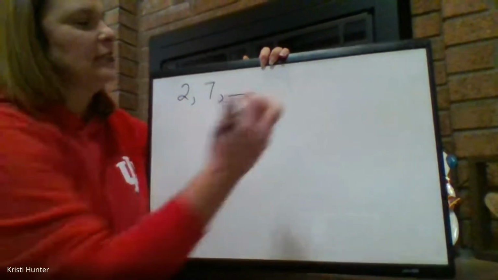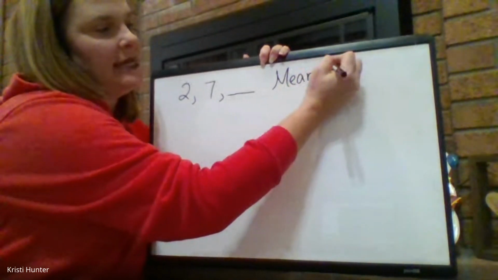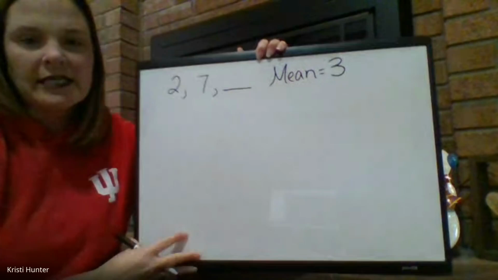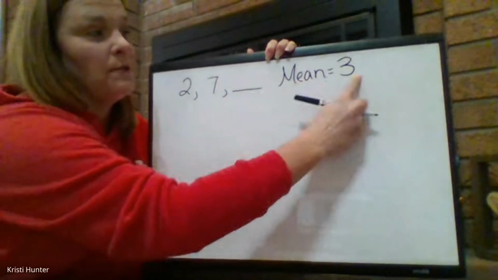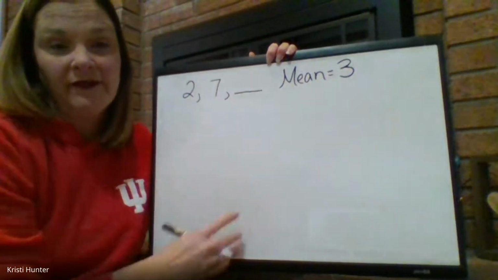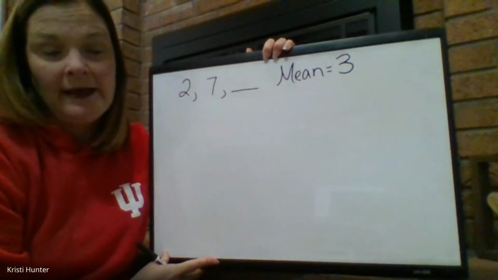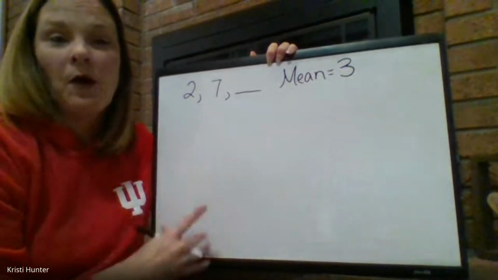Okay. So then it's going to tell you what the mean is. So this is going to be different than yesterday because it is going to give you the mean and it's going to miss one of those data values. Okay. So to find this missing mean, we have to think about what we did yesterday.